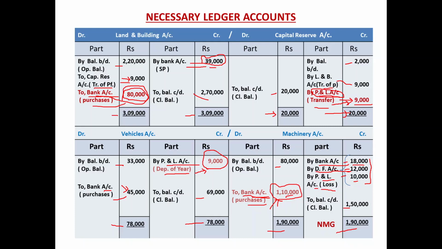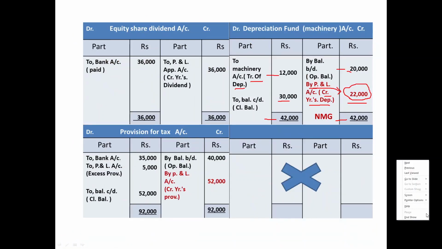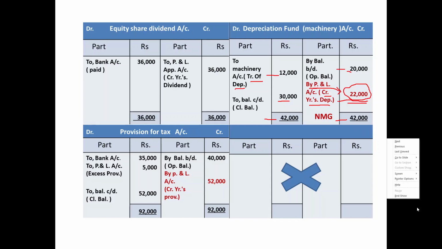So from machinery account, 3 items, 2 in the fund flow and 1 in profit and loss account, that is loss 10,000. And from depreciation fund account, current year's depreciation, as we discussed earlier, being a non-cash item, will be added back in the current year's profit once again.